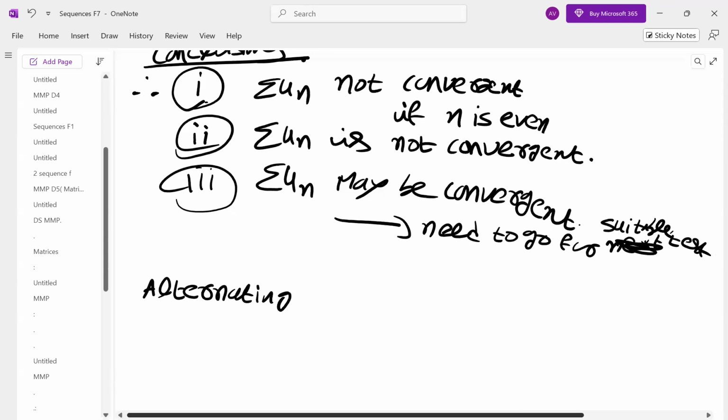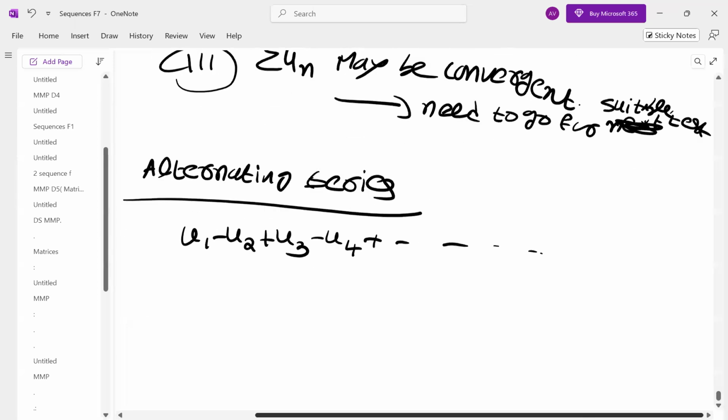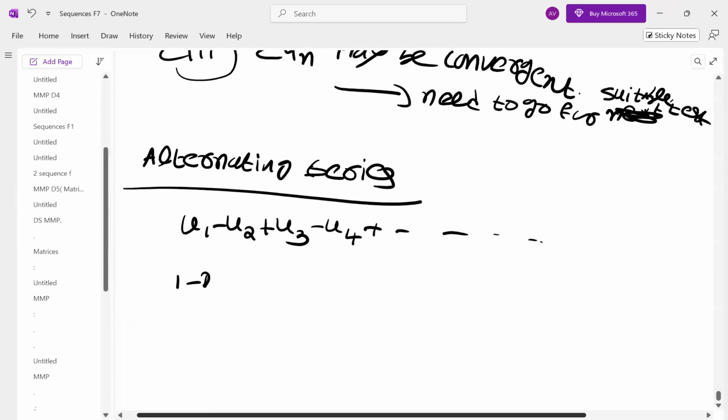It means u1 minus u2 plus u3 and so on. This is called an alternating series. For example, 1 minus 2 plus 3 minus 4, or 1 minus 1 plus 1 minus 1.